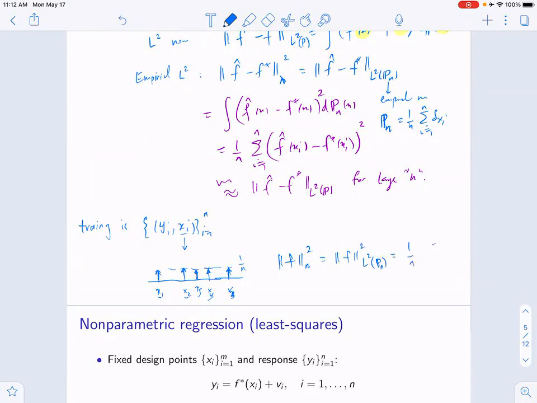This would be 1 over n summation i from 1 to n f squared of x_i. So if you want the L2 norm, that's the square root of this. Okay.